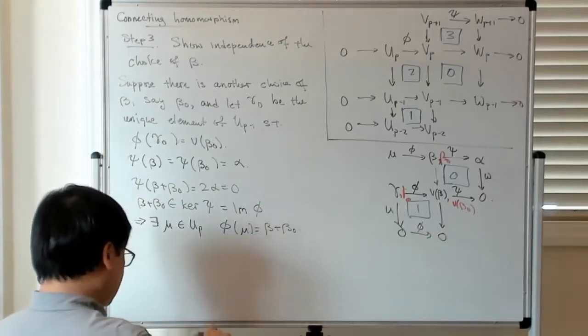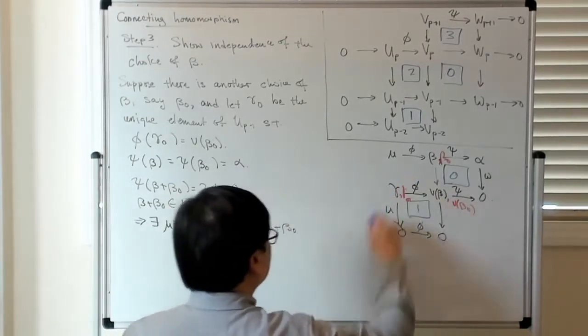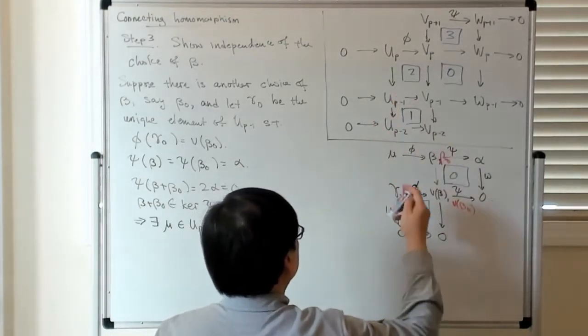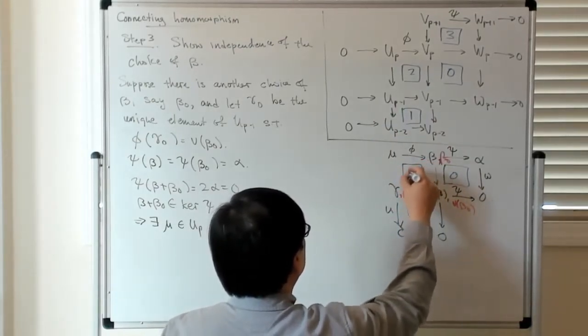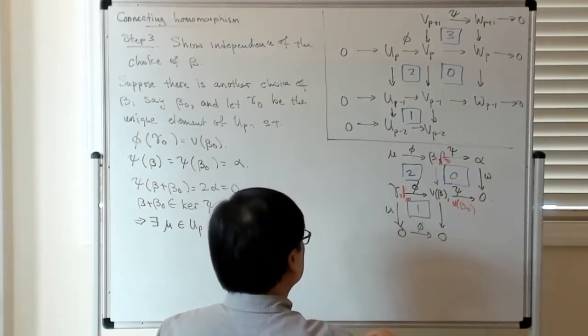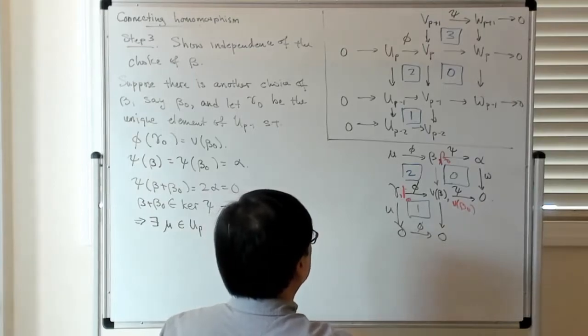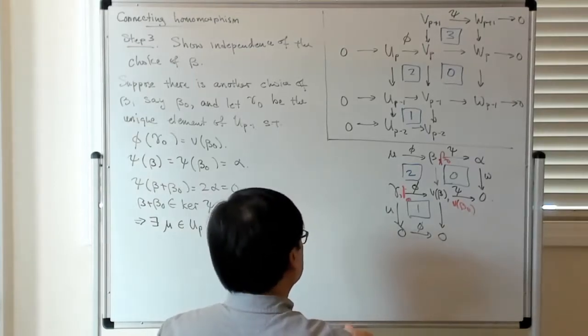Okay, so now that is block number 2. And of course, as you might expect, we're going to use the fact that this diagram commutes.